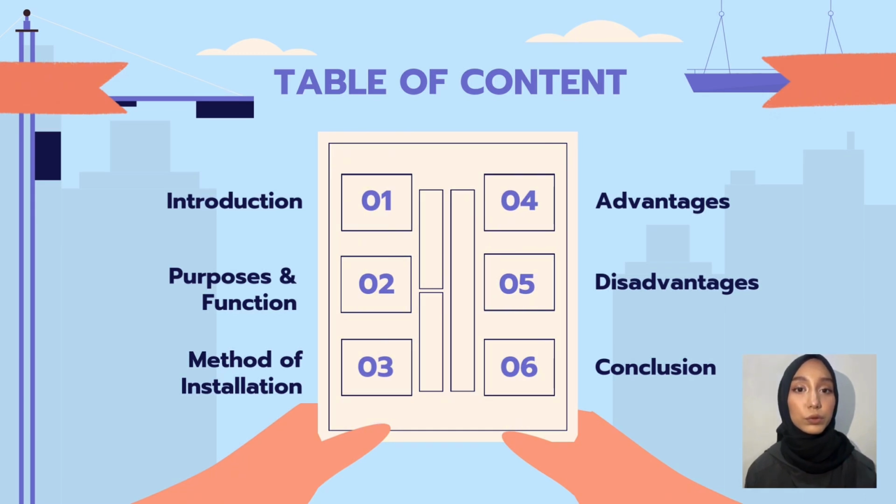Then, we will go through the method of installation, where you learn how aluminium coating is applied to steel components. After that, we will present the advantages of using this method, followed by its disadvantages to provide a balanced analysis. Finally, we will end the presentation with a conclusion that summarizes the key points of our case study.